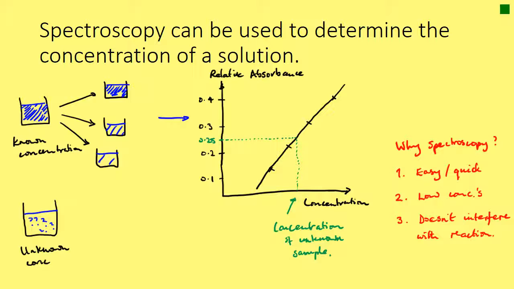And the third main reason is that it doesn't interfere with the reaction. We're not actually doing any chemical reactions here. That's good. And they'd be the three main reasons why spectroscopy is used to work out the concentration of a solution.